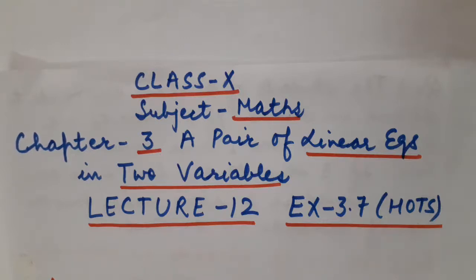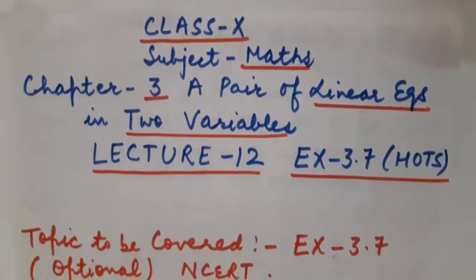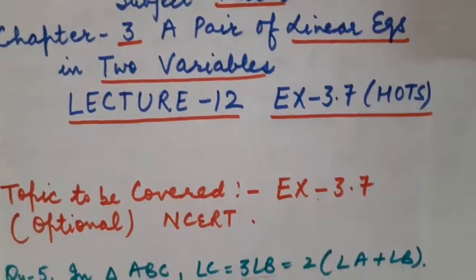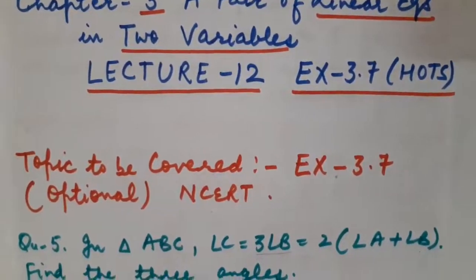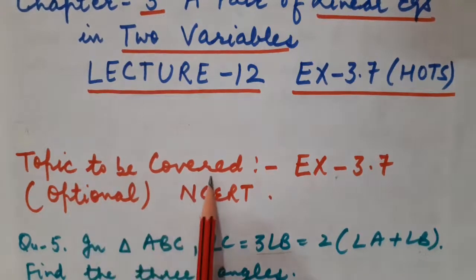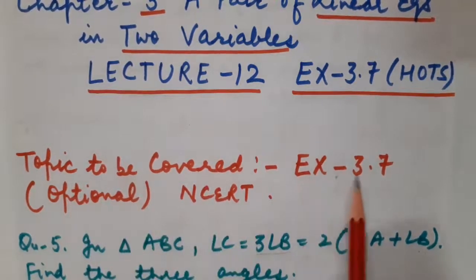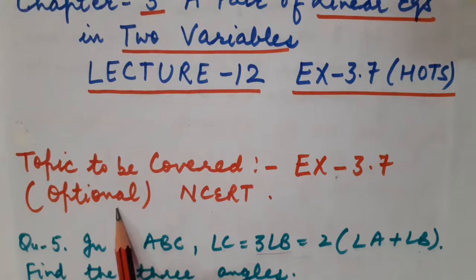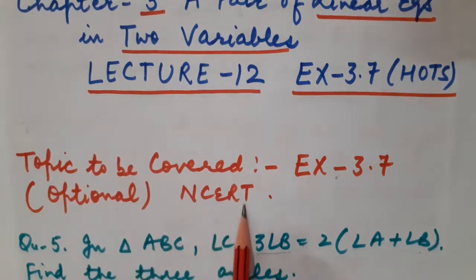Along with that, we started exercise 3.7, that is containing HOTS. Fine. So today again we are going to continue with the HOTS questions. Please be alert. Topic to be covered is exercise 3.7, optional exercise of NCERT.